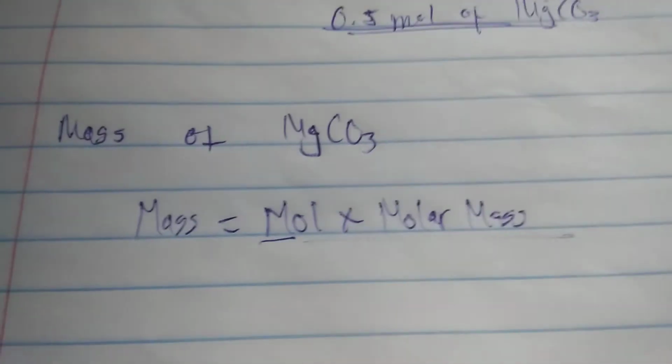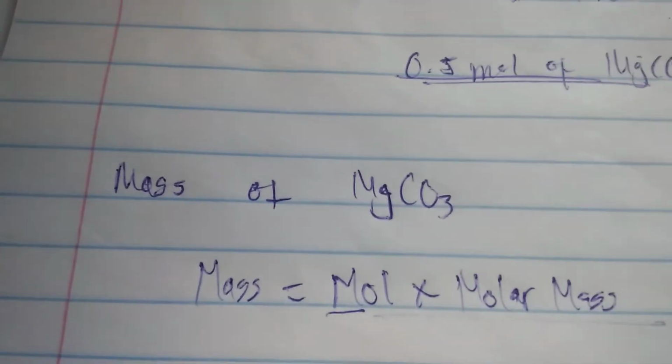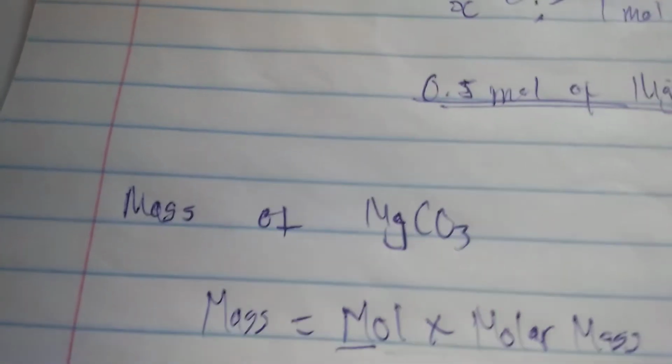When you calculate the molar mass of a compound, you are going to use what we call the relative atomic mass. And where do we get this relative atomic mass? We get it from the periodic table. You should have a periodic table.